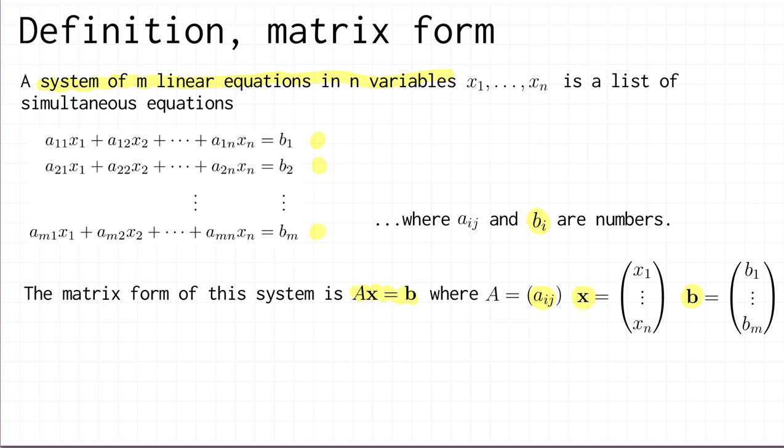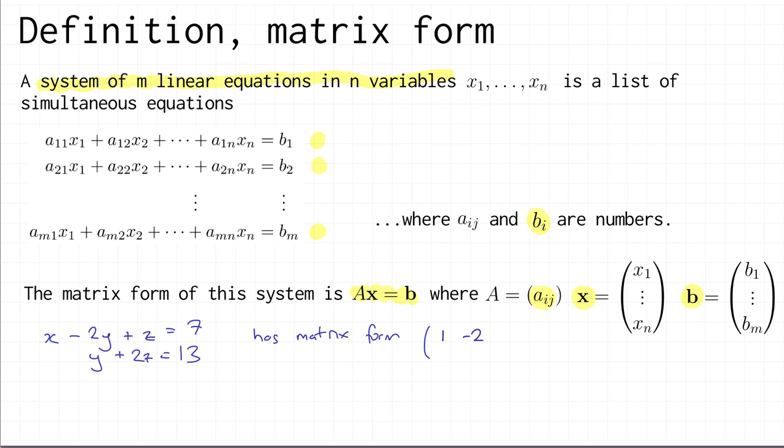Let's say you had a system like x minus 2y plus z is equal to 7, and y plus 2z is equal to 13. Well, then the matrix form of this would be, your matrix A would be the matrix of the coefficients on the left, not the variables, just the coefficients.